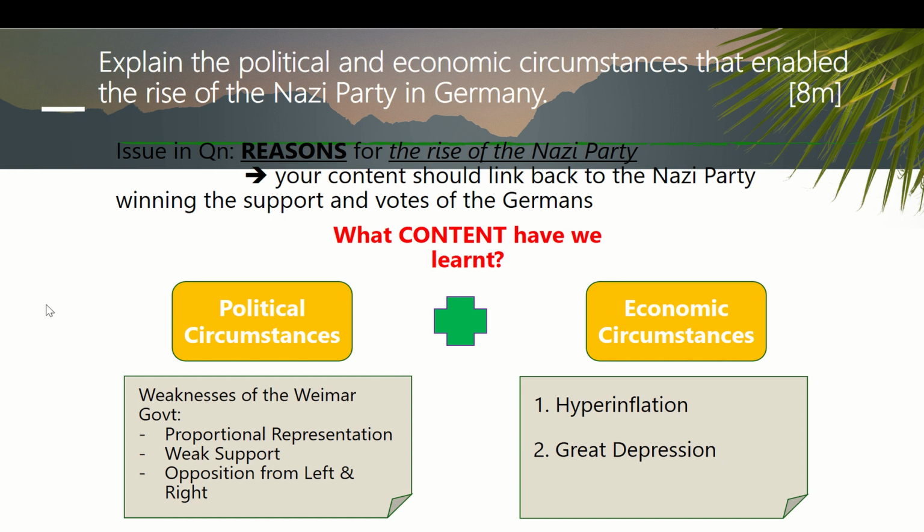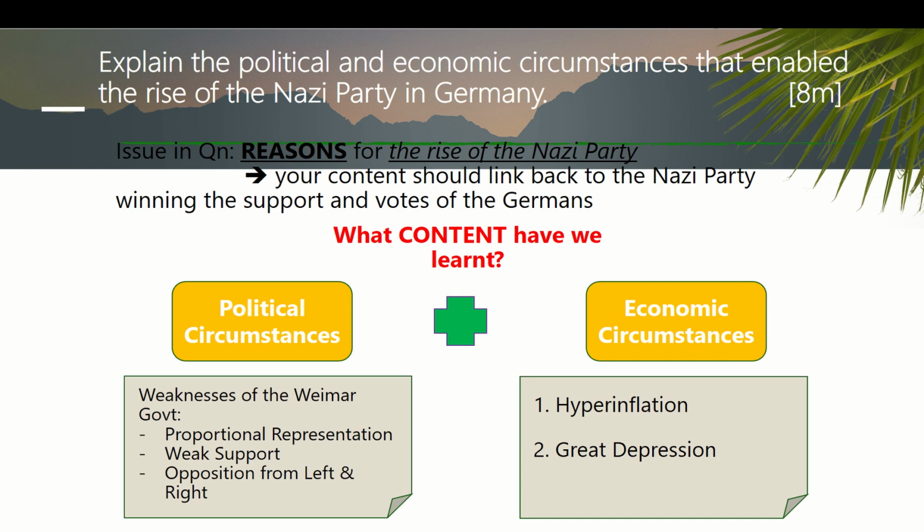That's the first paragraph, and then your second paragraph, you can write on the economic circumstances. For example, if I'm going to be writing on the Great Depression, after I've elaborated my content on what the Great Depression is about and the impact of the Great Depression on Germans and Germany, I must be able to explain how this event, the Great Depression, actually led to the Nazi Party winning the support and votes of the Germans.